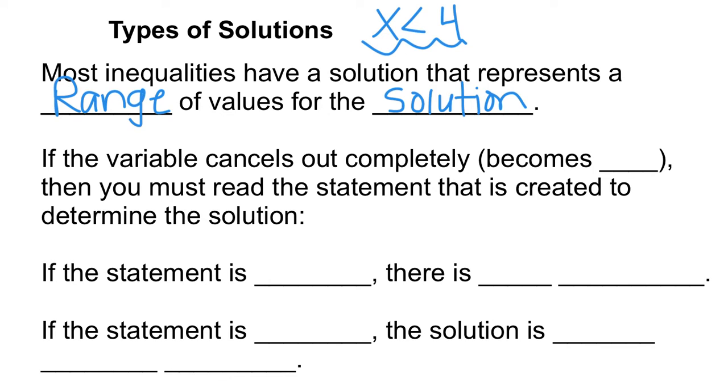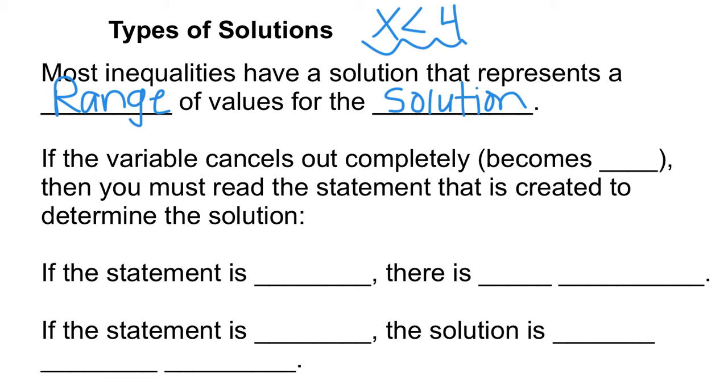It could be 3.9999999. It could be 2, it could be 1, it could be 0, it could be negative 100 million. Any number less than 4 fits what this inequality is saying. X is less than 4. So any number that is less than 4 would make an inequality that had this as a solution true.